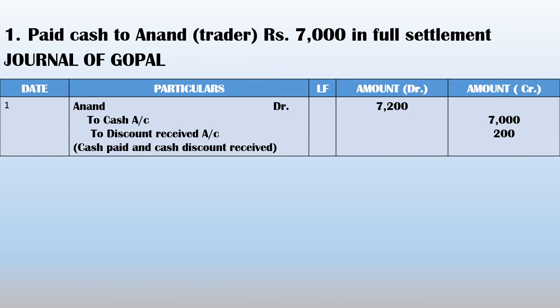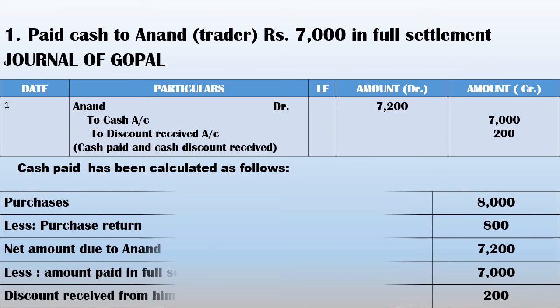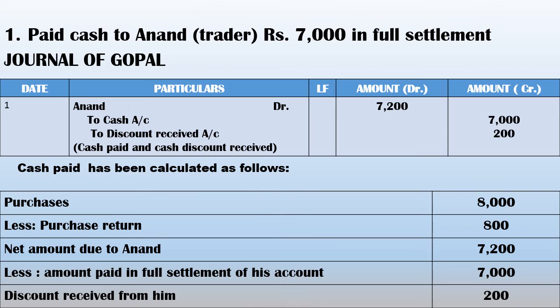Cash paid has been calculated as follows. Purchases was 8,000, less purchase return 800, that is 1,000 minus 200. So the net amount due to Anand was 7,200, and the settlement is done for 7,000. So the discount received from him, and cash paid to Anand.